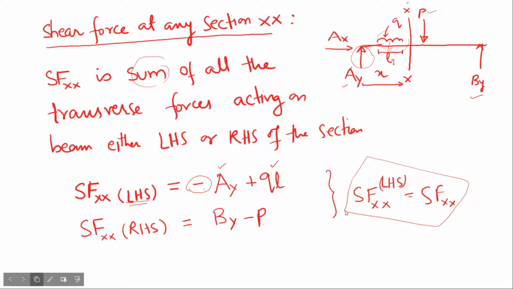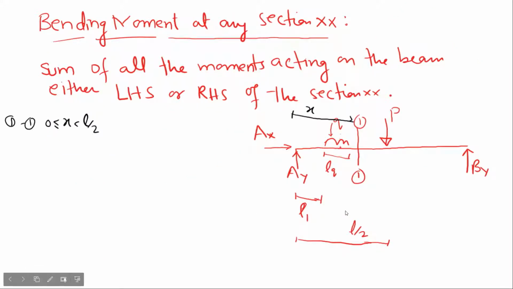Now we will see the bending moment at any section XX. What is bending moment? It is the sum of all the moments acting on the beam, either on the left hand side or right hand side of the section XX.